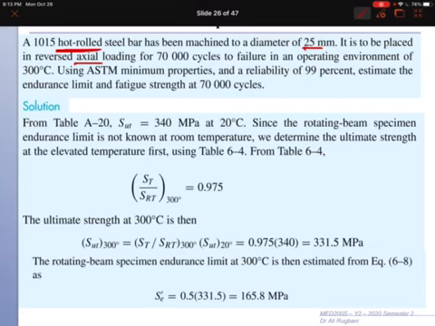Axial load means size factor doesn't have an effect. Size factor will be 1. Axial load will also give you a value for load factor. So just from the name of the material and the load, you can identify 3 factors: surface factor, size factor, and load factor.